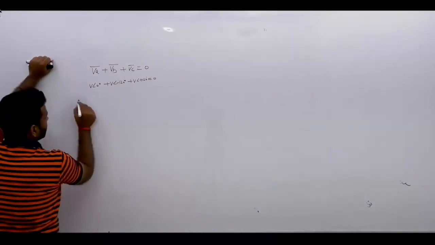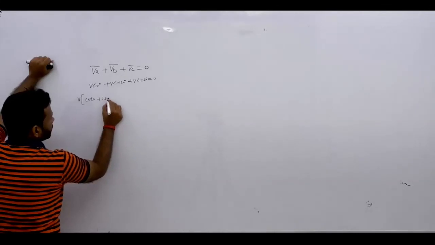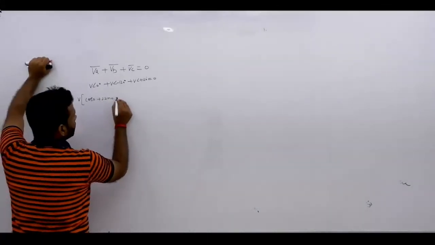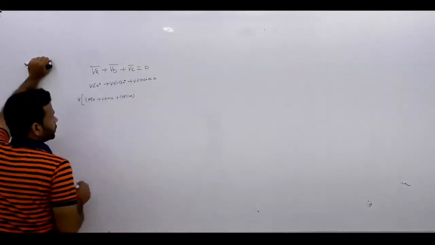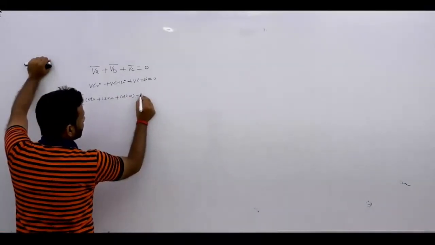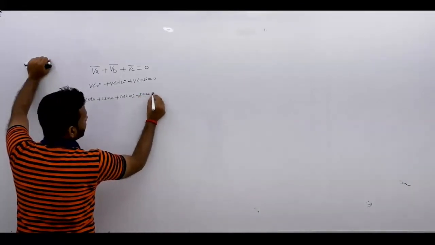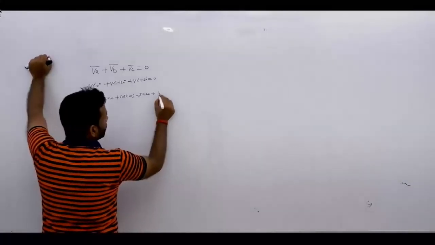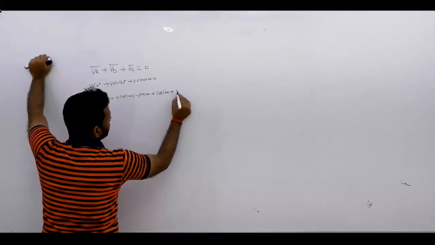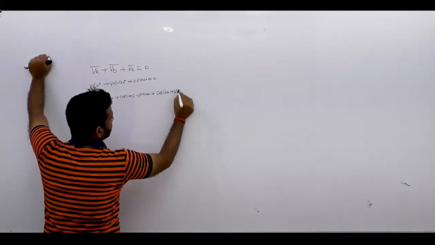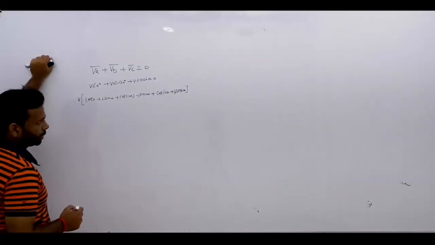We just take V common: cos 0 plus j sin 0, then cos 120 minus j sin 120 degree, because cos is an even function, plus cos 120 plus j sin 120 degree. Okay, I hope you are understanding.